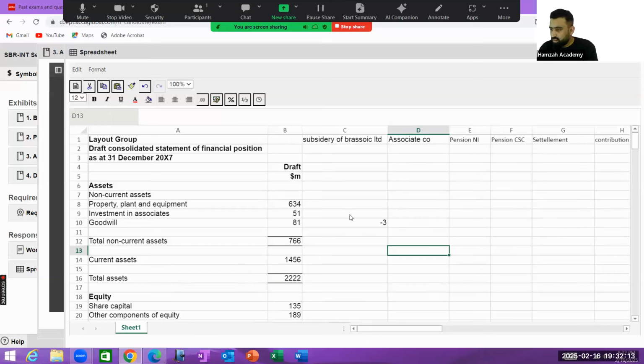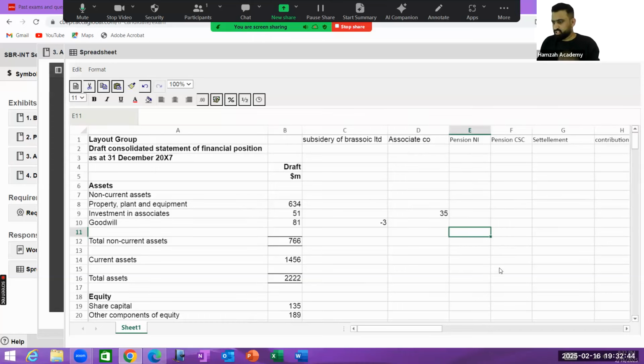And we will record the associate at the cost of investment of 35, because when we prepare the consolidated financial statement, we eliminate the investment. But in an associate, we record the investment at the equity method. So I am recording the 35. That is the investment in associate.